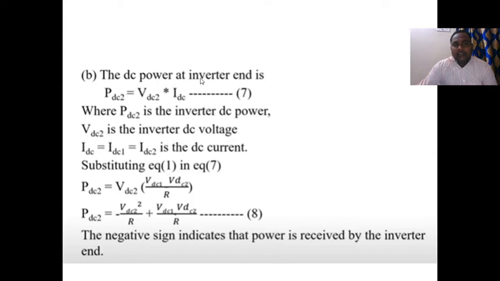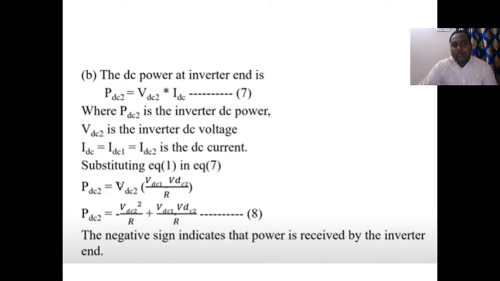The DC power at the inverter end is PDC2 is equal to VDC2 into IDC, where PDC2 is the inverter DC power, VDC2 is the inverter DC voltage. Already we know all the currents are the same. So substitute equation 1 in equation 7.